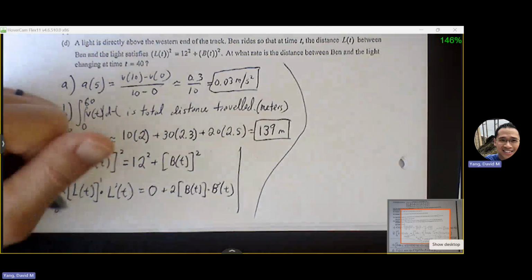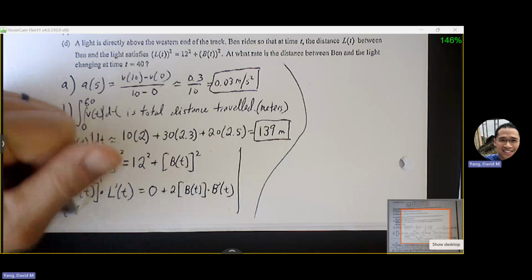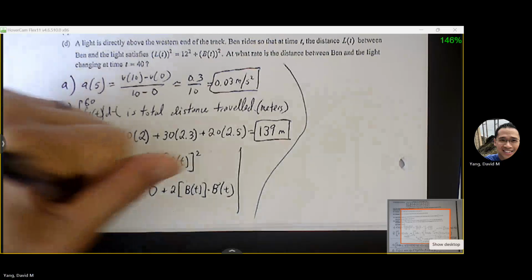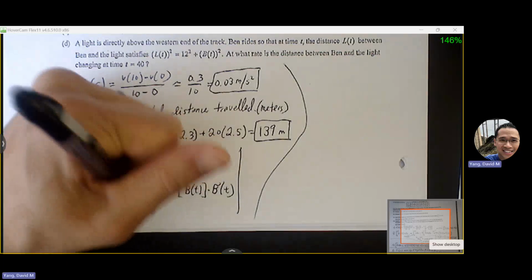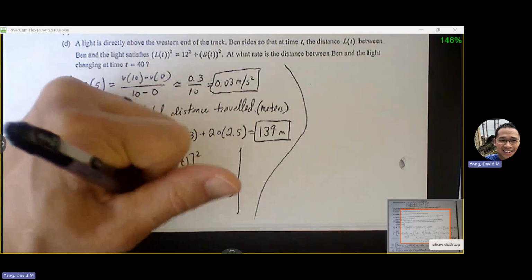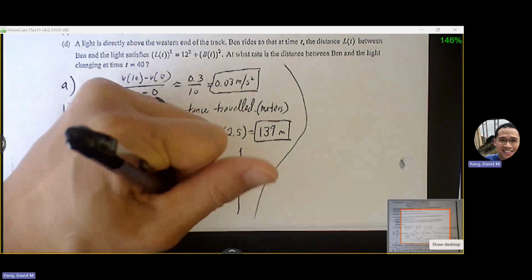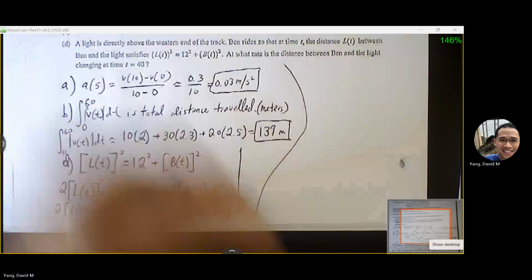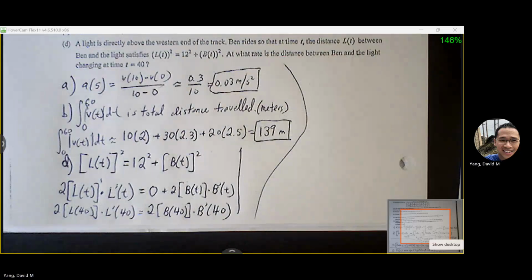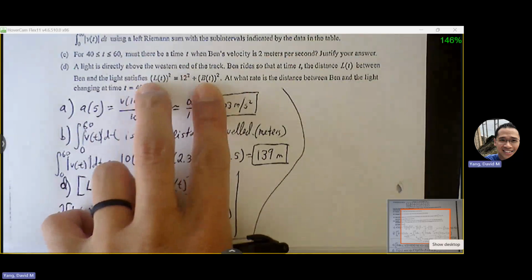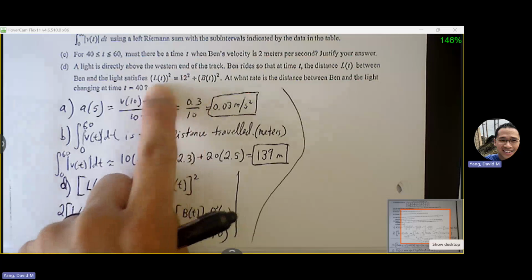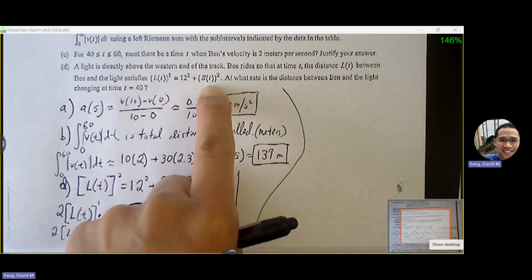So I can say 2 times L of 40 times L prime of 40 is equal to 2 times B of 40 times B prime of 40. So L of 40 requires us to go back to our original equation and plug in, because L of 40 is based off this original equation. So L of 40 squared is equal to 12 squared plus B of 40 squared.